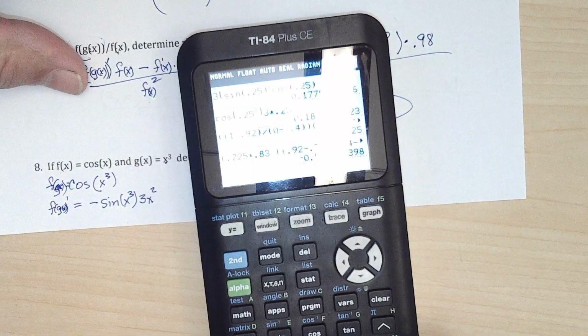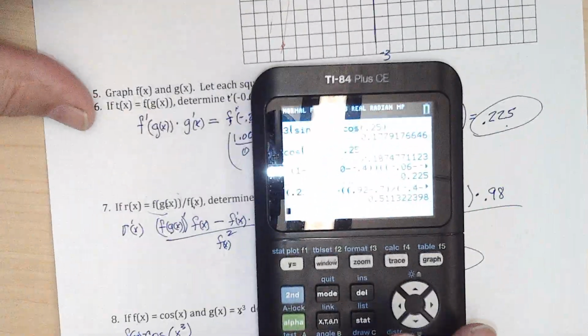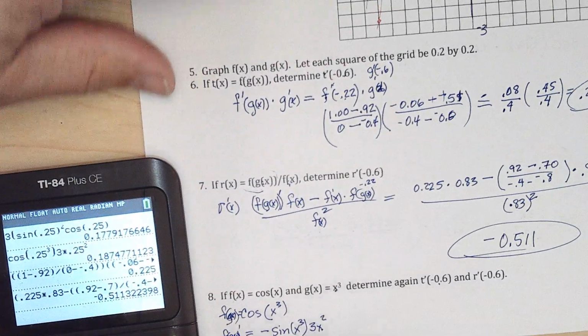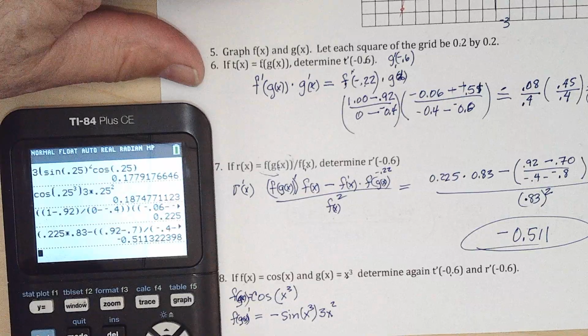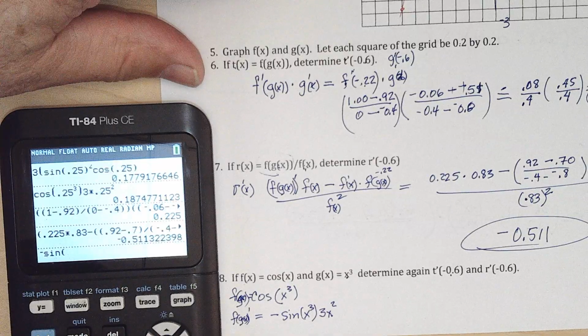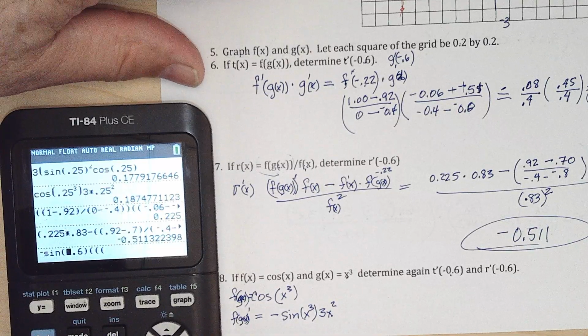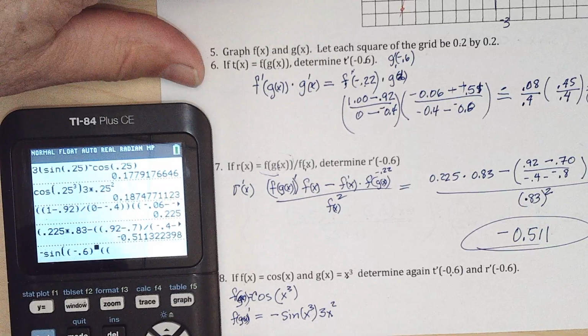So now I'm going to go to my calculator and just type that in. Let's see, I'm getting a lot of reflection there. Let's move it. Negative sine of parenthesis, negative 0.6, close. I got to take the negative 0.6 to the third, and then close the parenthesis on the sine.